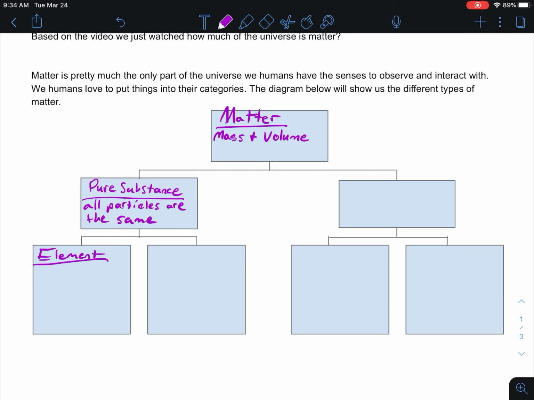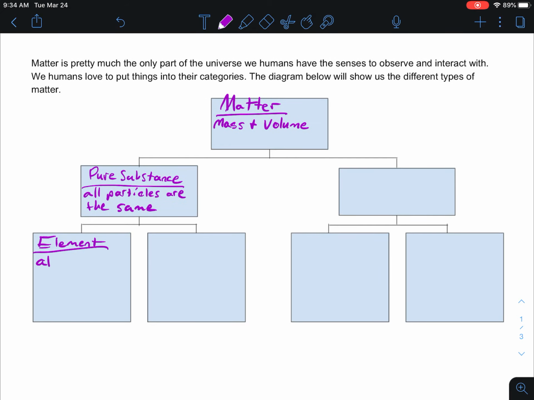Elements. If all the particles are the same, they all have the same exact type of atom. Only that one atom. All atoms have the same number of protons. Remember, that's what defines an element, same number of protons. So it could be the examples of all of them are hydrogen.